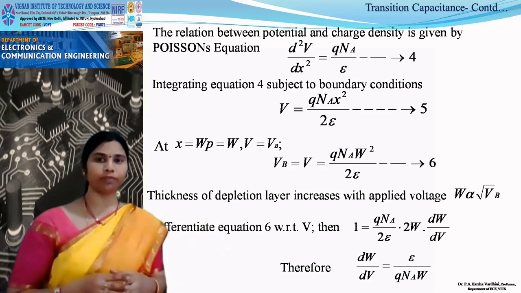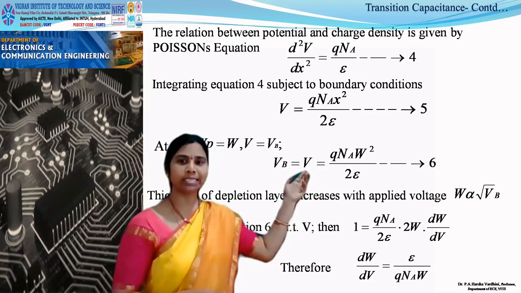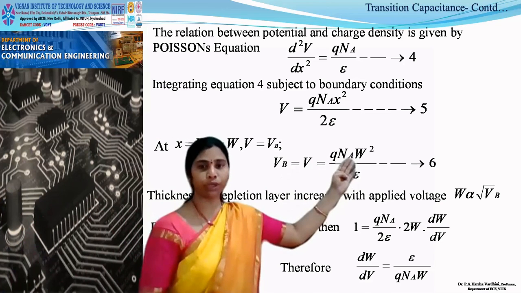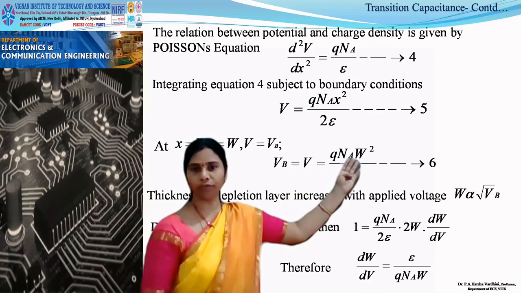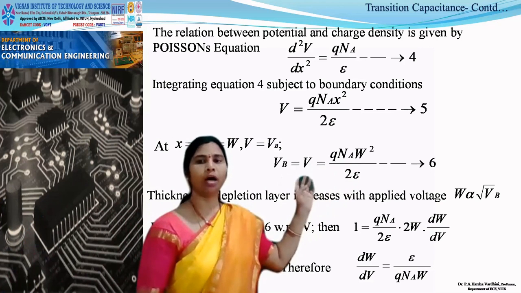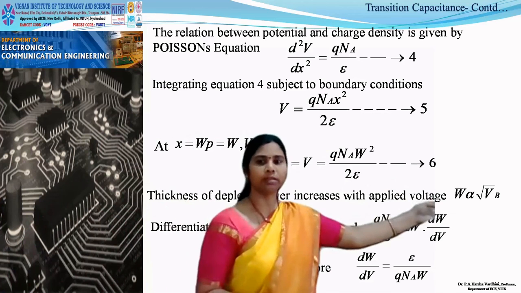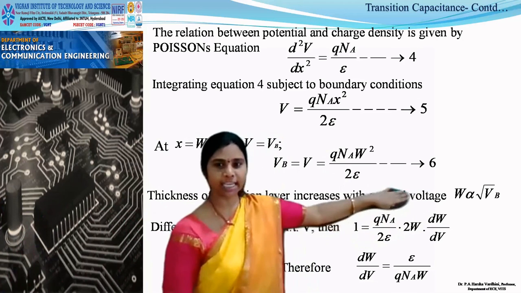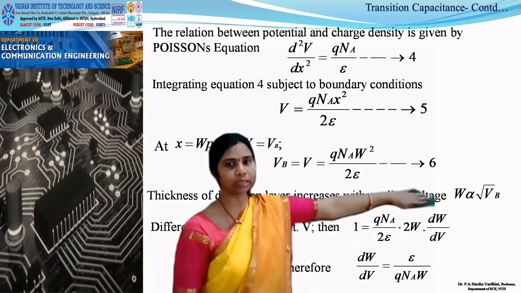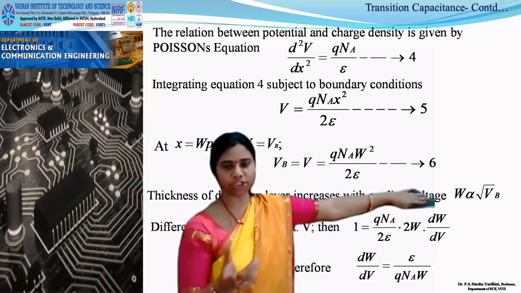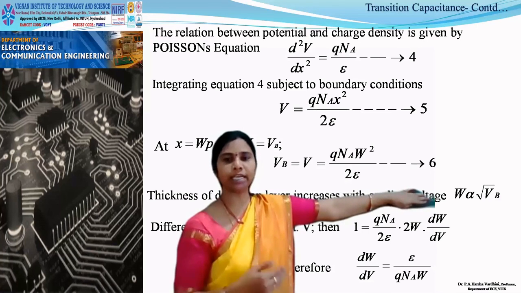If I take that type of grown junction, then in the sixth equation, V is proportional to W cube, the cube of the width of the depletion layer, or W is proportional to the cube root of V. This equation is showing width is proportional to the square root of the V value, whatever the voltage you have applied, or the barrier potential you are seeing. But for a grown junction, this will be the cube root of the voltage.